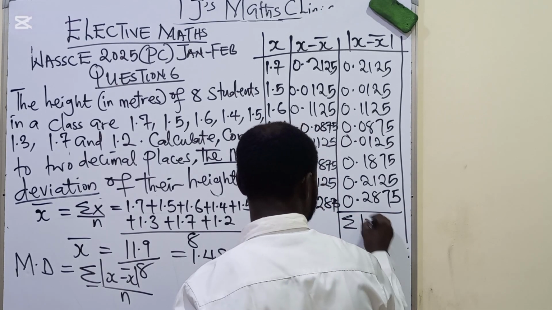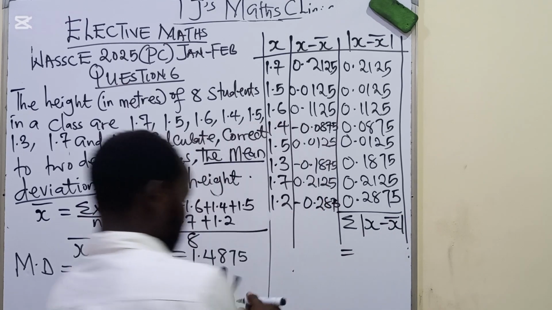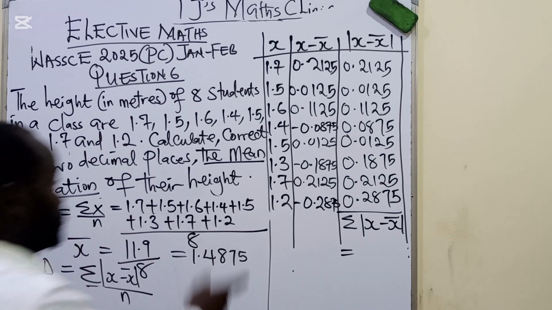And we need the summation now, the summation of the absolute value of x minus x bar. Let's sum and see what we'll have before we use the formula.